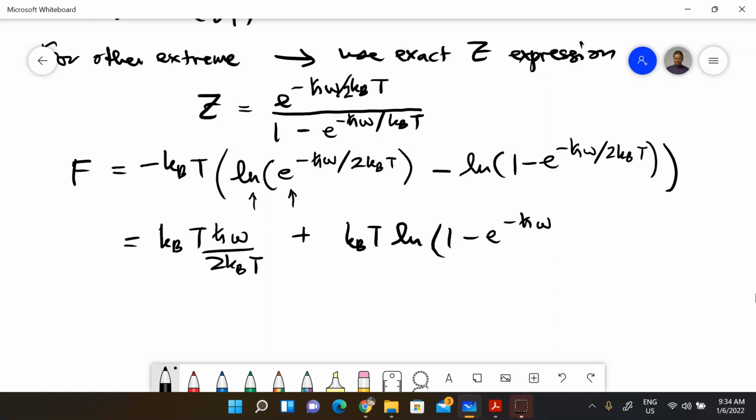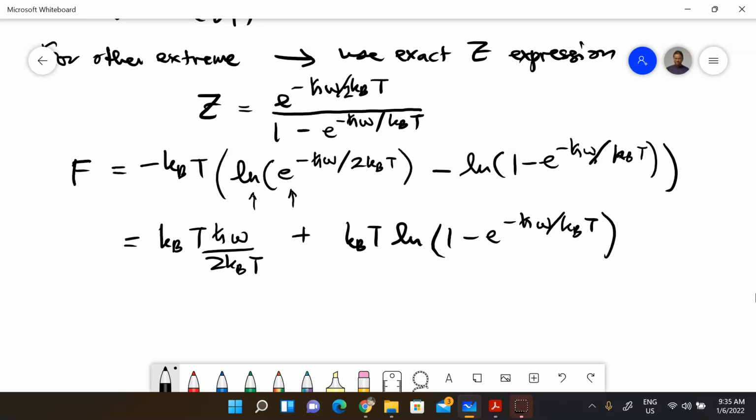Again, I made a mistake here. Now, let me rewrite that again. There's no factor of 2 there, so that's kBT.